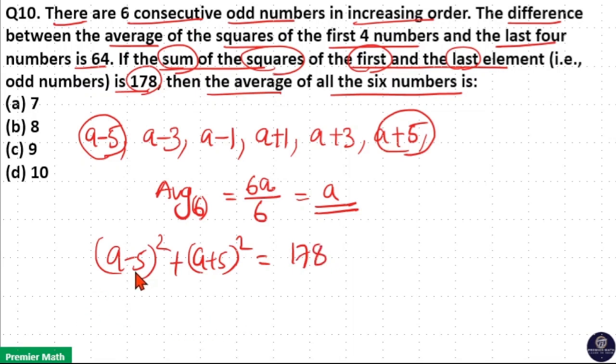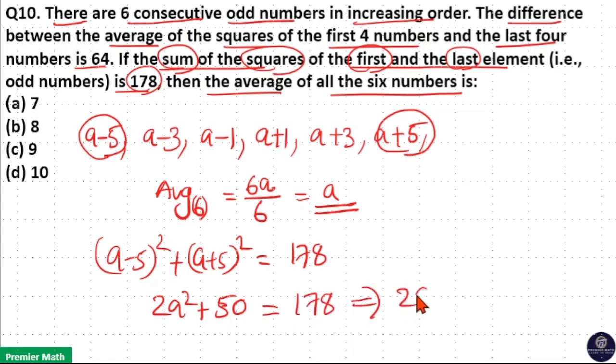Now you can see here 2 into minus 5 into a, that is minus 10a, and here 2 into 5 into a, plus 10a. So minus 10a and plus 10a cancel. Remaining is a square plus a square, that is 2a square, plus 5 square plus 5 square, 25 plus 25, that is 50. So 2a square plus 50 is equal to 178.